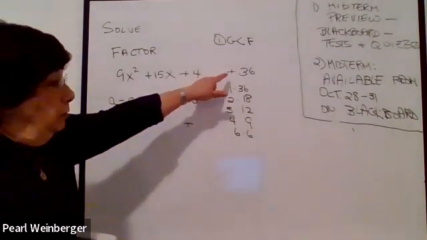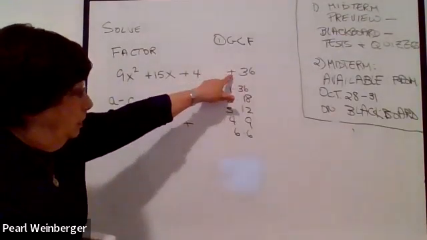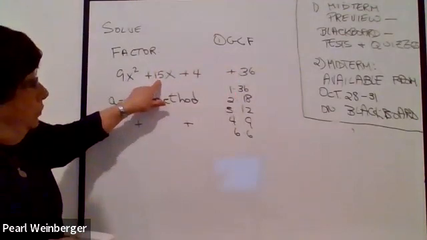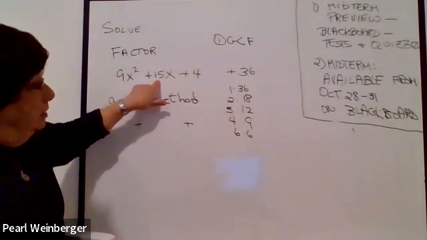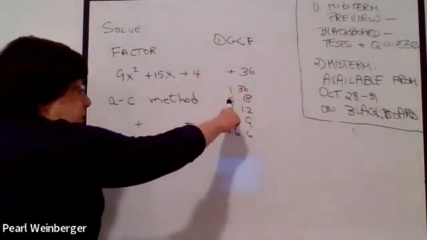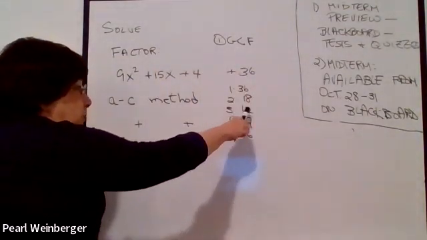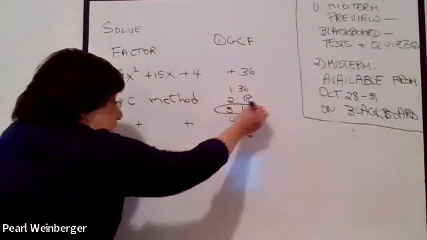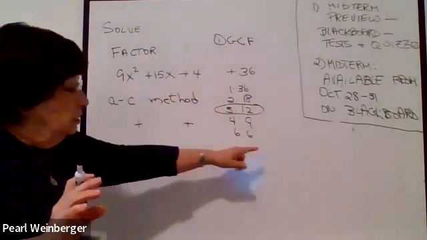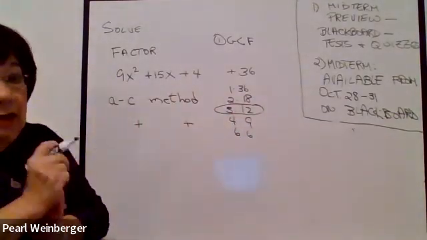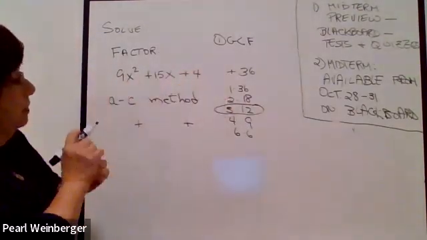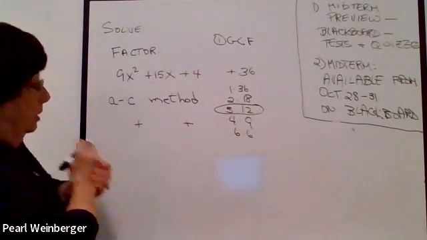But not only are we looking for numbers that multiply to 36, we're also looking for numbers that add to 15, that's where this 15 comes up. This adds to 37. This adds to 20. The 3 plus 12 add to 15. 4 and 9 is 13, 6 and 6 is 12. The only combination that multiplies to 36 and adds to 15 is 3 and 12.